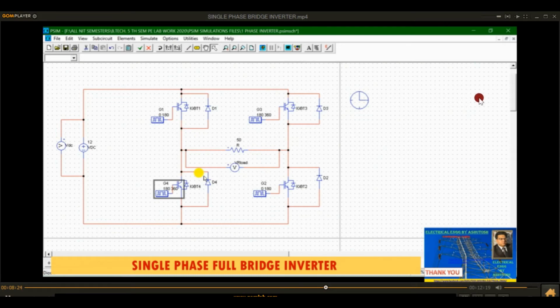When T3 and T4 are conducting, the load gets connected to the source, and the load voltage magnitude is again Vs, but with reverse polarity. This is the reason the output voltage is shown negative.